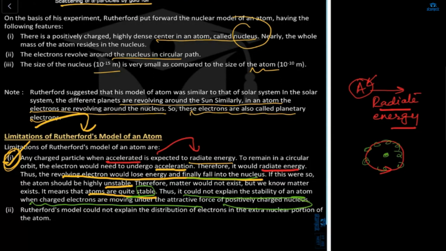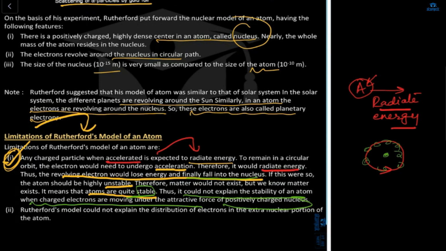If this scenario is happening, then it means your atoms should be highly unstable. So that's why this is the limitation of Rutherford: he is not able to explain the stability of an atom, how my atom is stable when charged particles are moving under this positively charged nucleus.